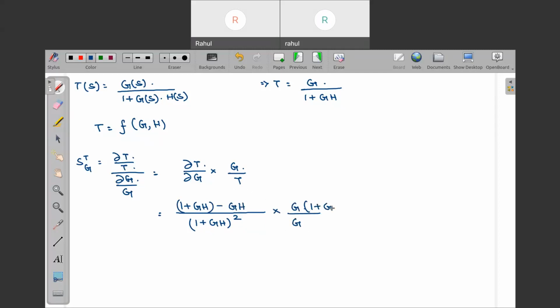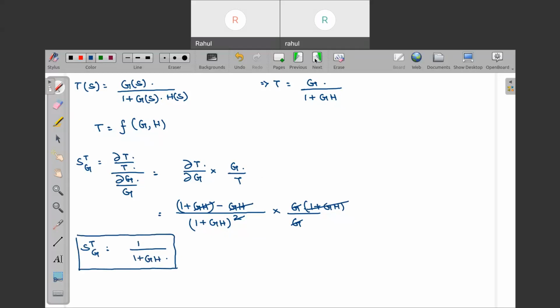So I am taking this 1 plus gh over here, so one of the 1 plus gh gets cancelled, this gh gets cancelled. So what do we get? Even this g and g gets cancelled. So S_T^G, we get it as 1 divided by 1 plus gh. So this is the sensitivity of t with respect to g.